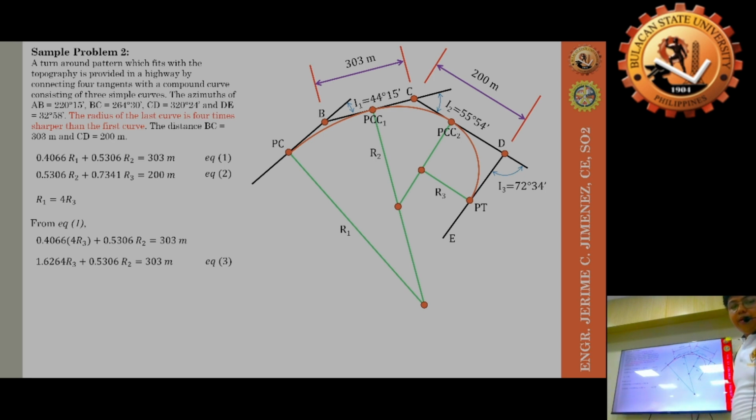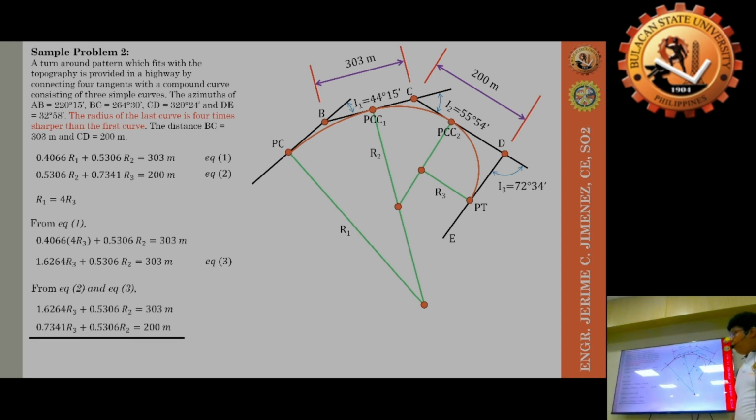From equation 2 and equation 3, if we subtract equation 3 from equation 2, makakancel na yung 0.5306 R sub 2. Then, we'll be having our new equation, which is 0.8923 R sub 3 is equal to 103 meters.